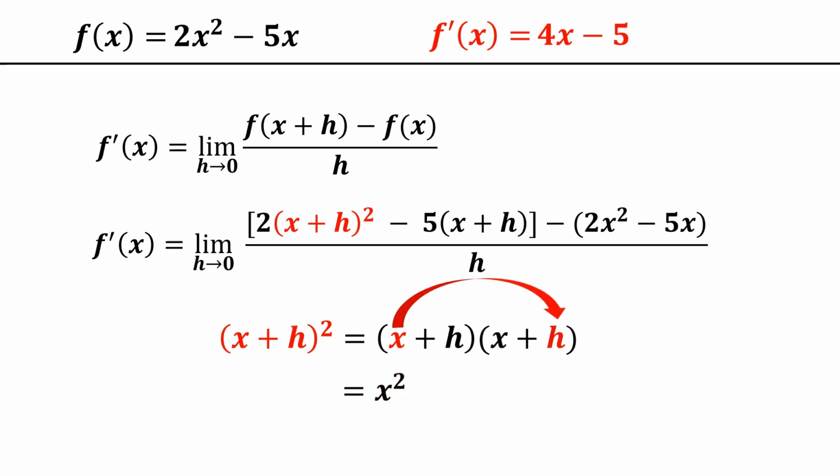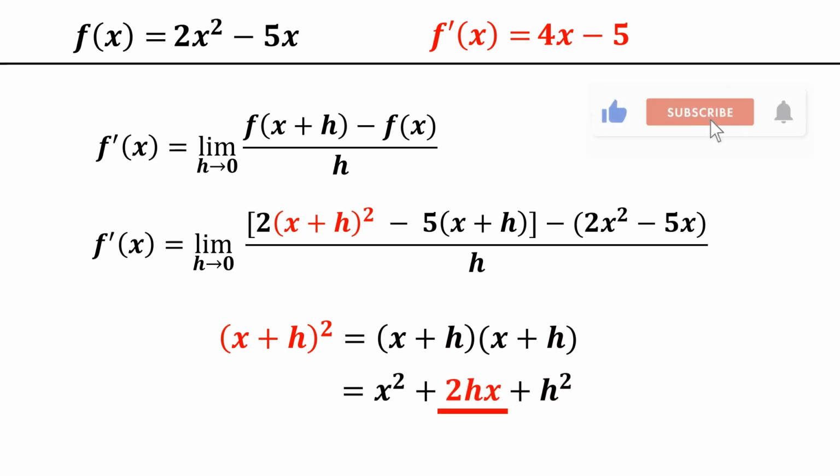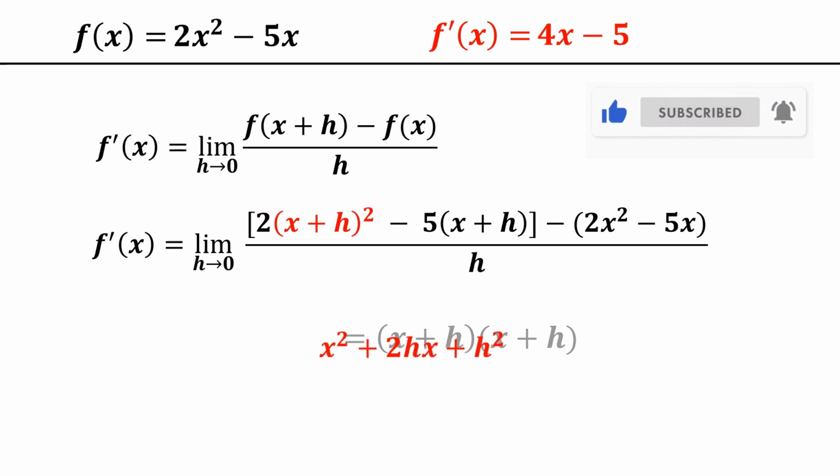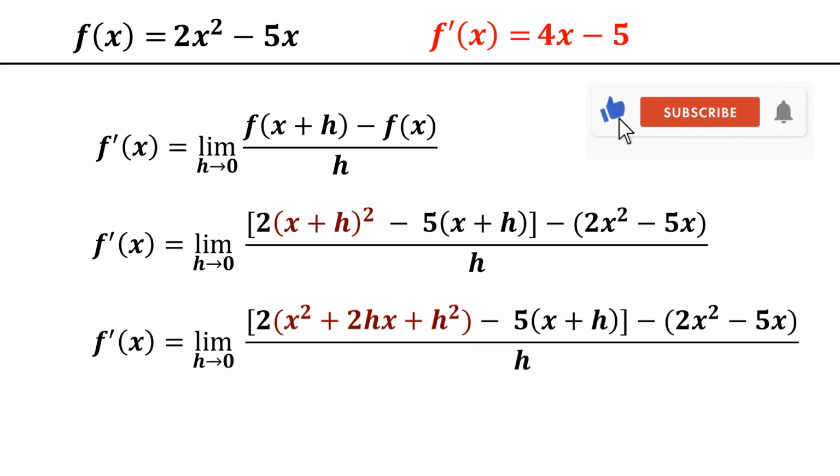Now, we multiply x with h, and we get hx. Multiplying h and x, we get another hx. Lastly, multiplying h with h together, we get h². Since we have two sets of hx, we add them together to become 2hx. And we have now finished expanding the (x + h)². We can plug it back into the formula.